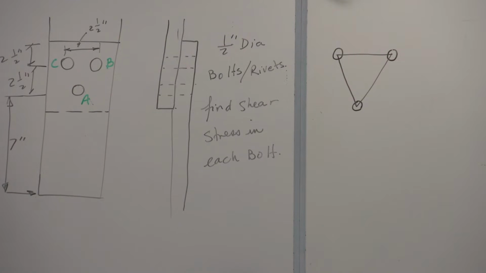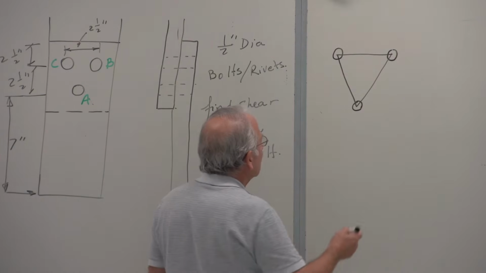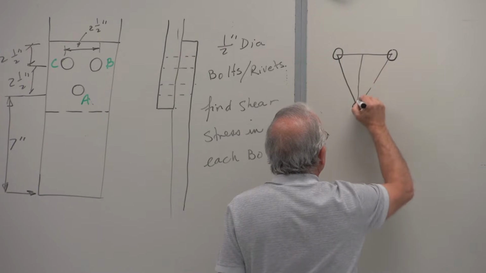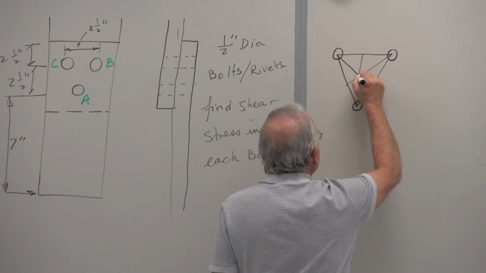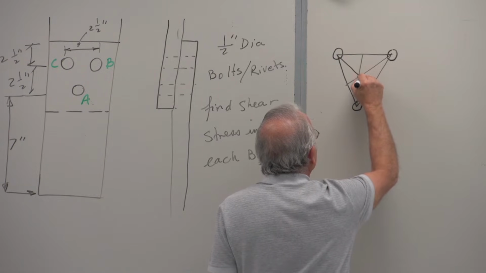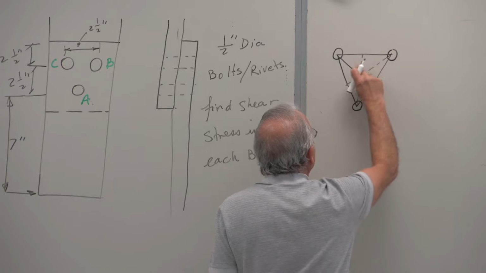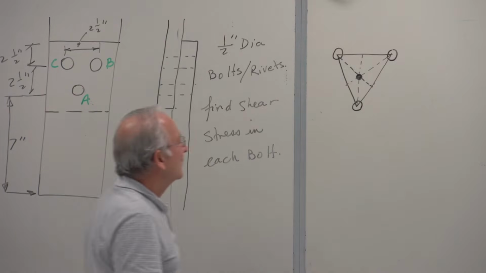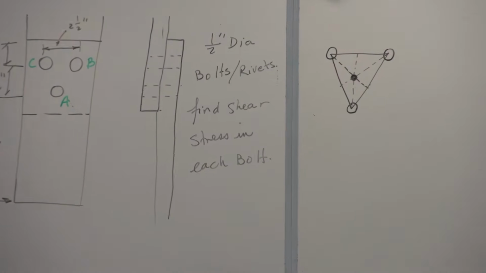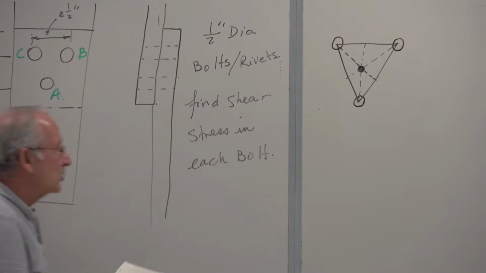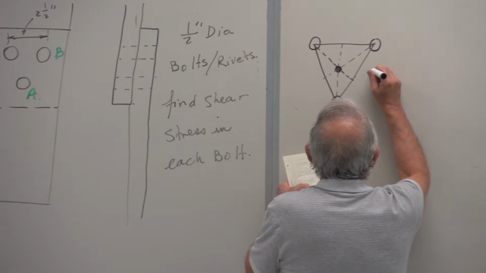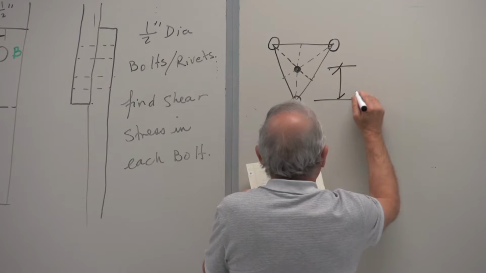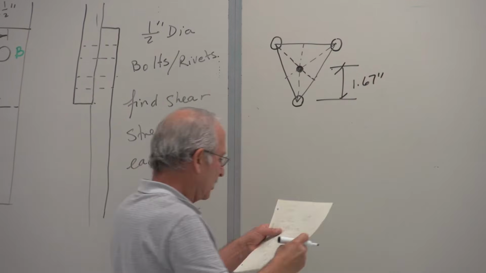The centroid of that, you can either do your summation of xi, yi, and all of that, or say this is a triangle and the centroid lies where the medians meet. That's the centroid. Those are the medians. I'll let you do the trig on this to find that this distance from here to here is 1.67 inches.